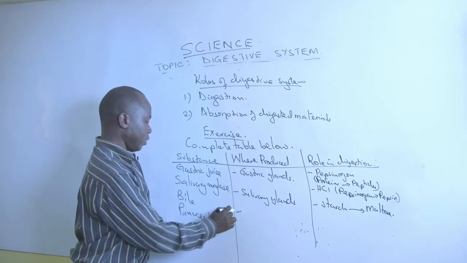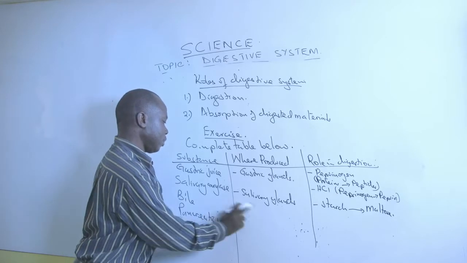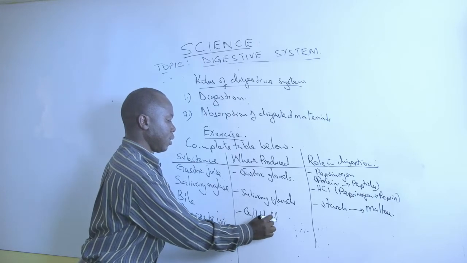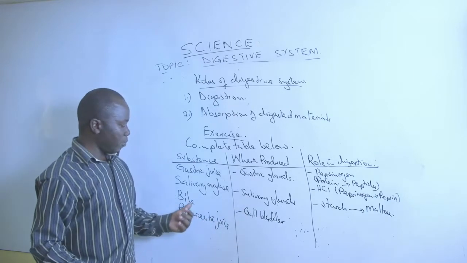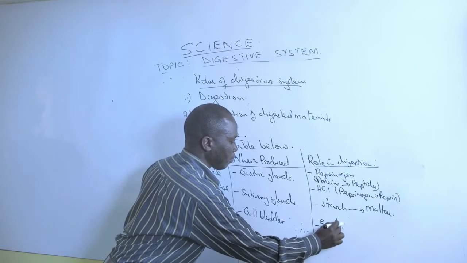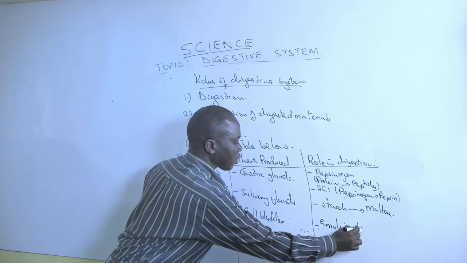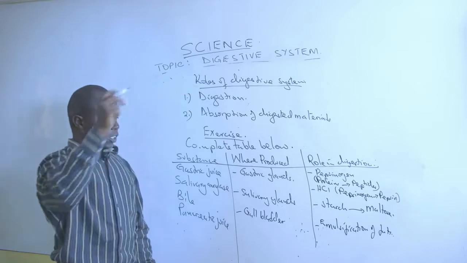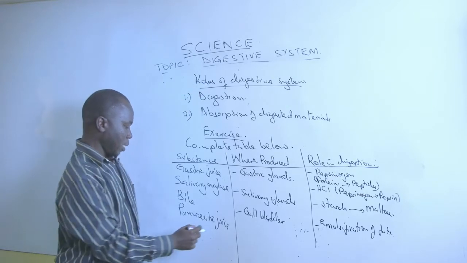We have bile, released by the gallbladder. The role of bile is emulsification. We can remember that term. Emulsification of fats: breakdown of large fats into smaller fats.